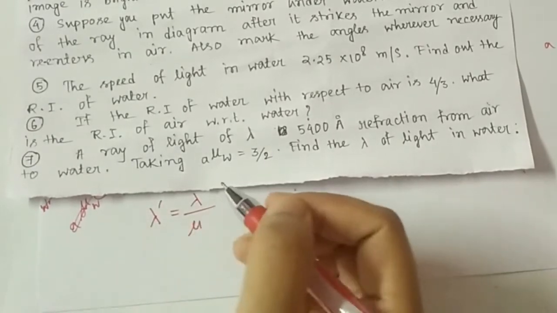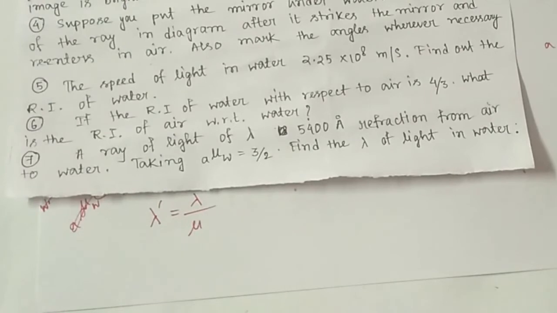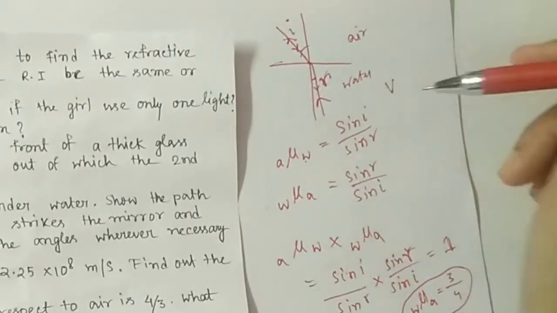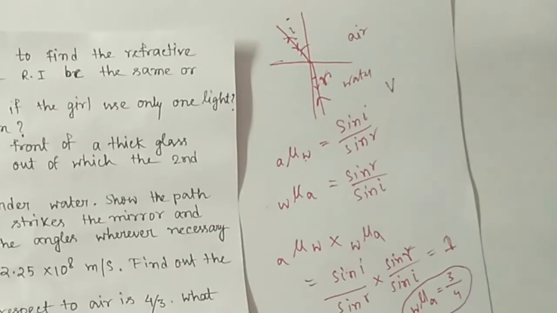This I have already told you, that it can be determined in this way. Suppose a ray of light of frequency f and wavelength lambda suffers a refraction from air to a medium in which the speed of light is v. I have already told you about the relationship.